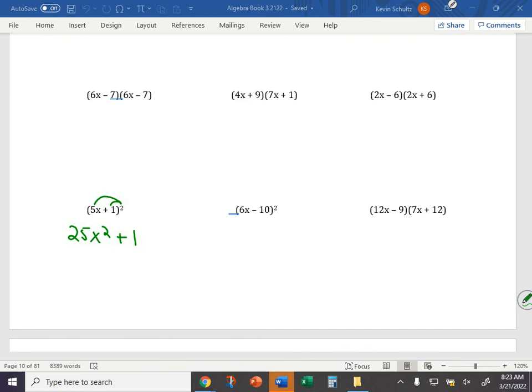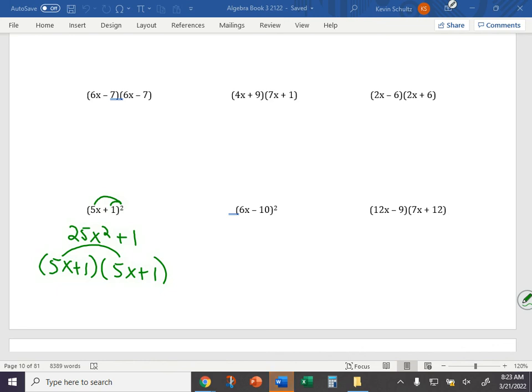An x term, okay? So when you run into something like this, what the squared literally means is that you're taking that expression times itself. So you have to actually rewrite it to be 5x plus 1 times 5x plus 1. And if you do this, you still get the 25x squared, right?